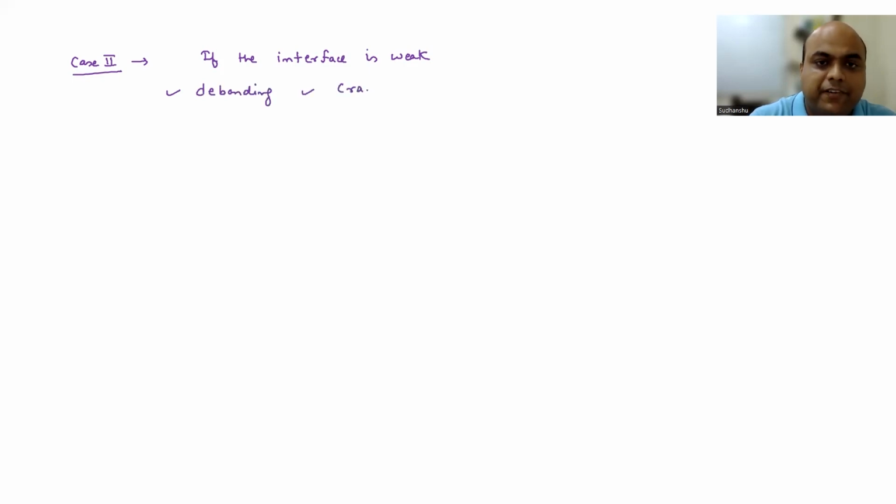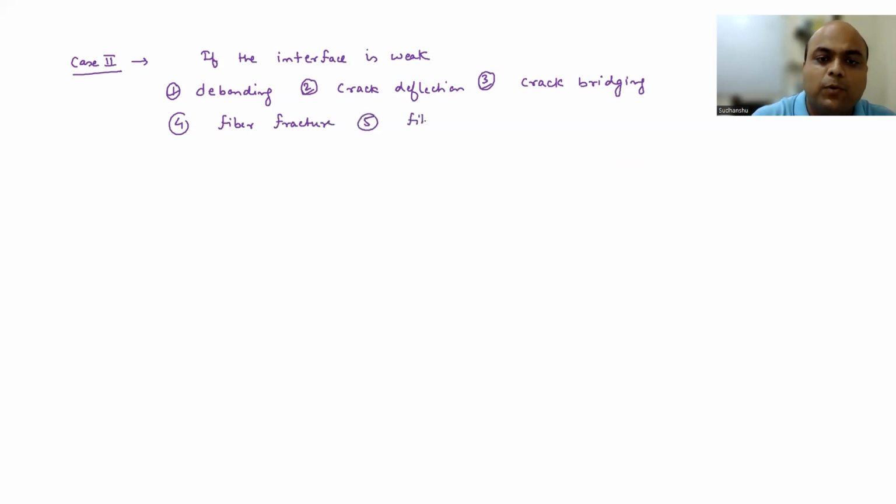Second, crack deflection. Third, crack bridging. I will explain all of them. So this is number one, number two, number three. Number four is fiber fracture. And after fracture, you are going to have fiber pull out.